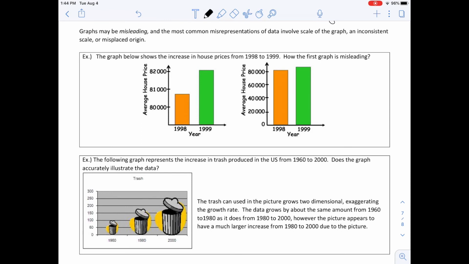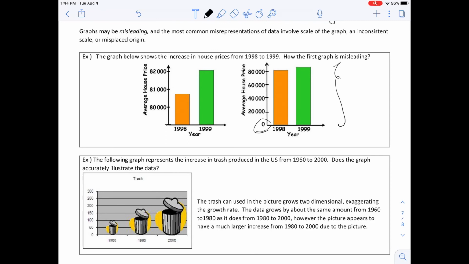So it's not a huge increase, but the way that they have that graph drawn does make it look like it's a bigger increase. The second graph, same data, allows you to see that it really isn't that big of a change in scope to the actual price. And the reason why this is misleading is that that first graph is starting at probably like 79,000, whereas the second graph starts at 0.